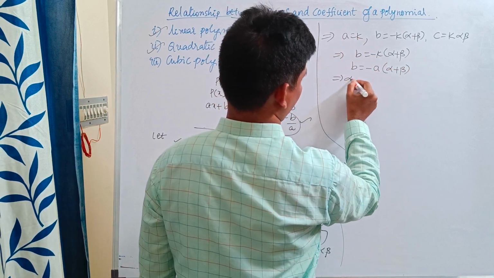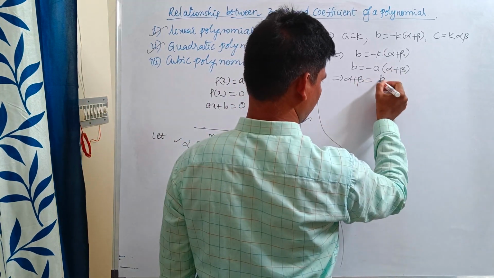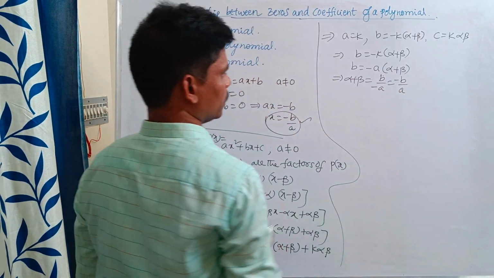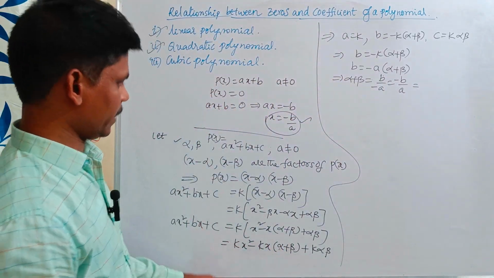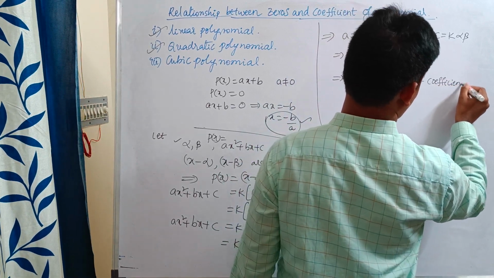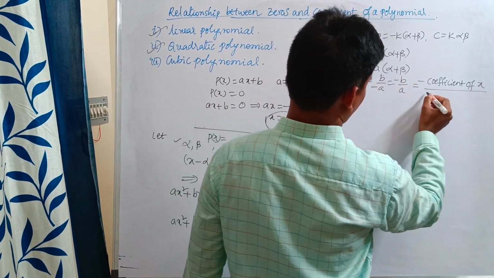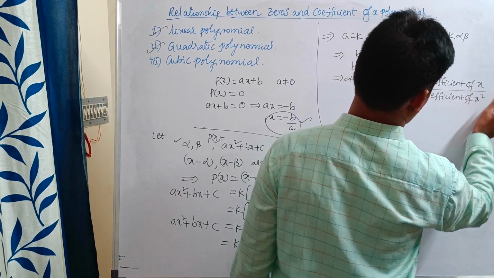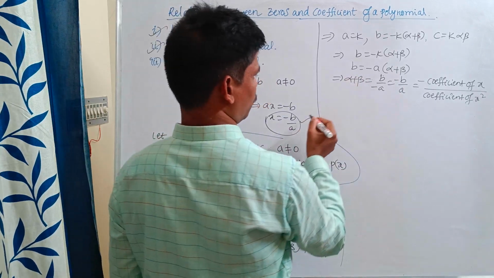So b is equal to minus a into alpha plus beta, so alpha plus beta is equal to minus b by a. What is minus b by a? b is the x coefficient, so it is minus coefficient of x by coefficient of x square.